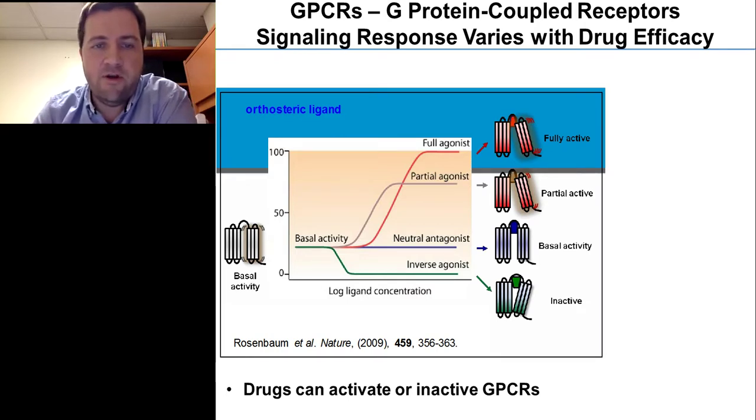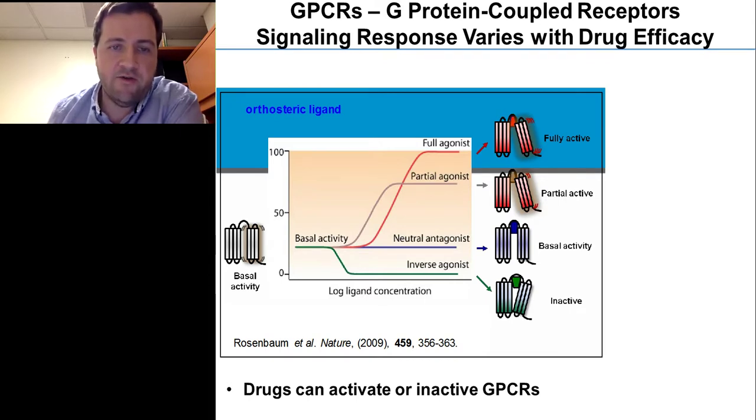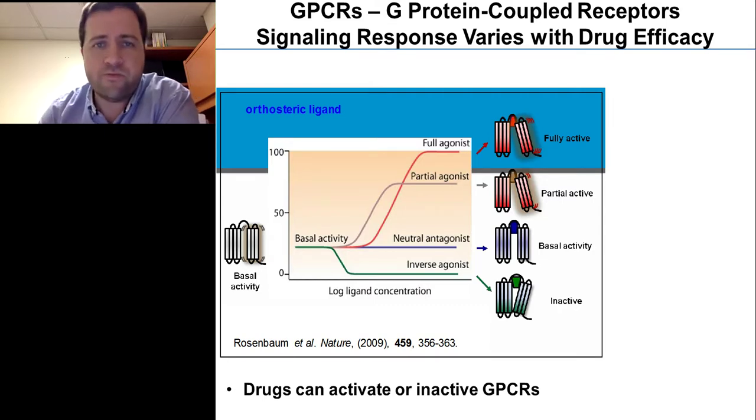All GPCRs have what we call a basal level of signaling, and this is represented on the left side of the slide, where you see a straight line that goes across from the left to the right of the chart. Now, some drugs are known as neutral antagonists, and so they will bind and be recognized by GPCRs, but they don't change the level of basal signaling.